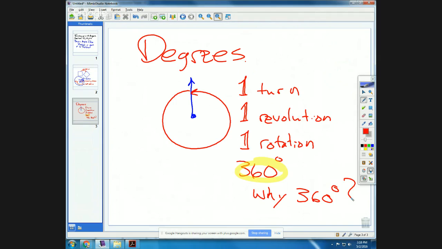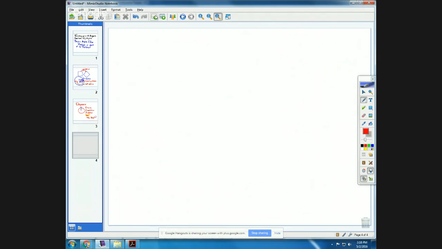There's a lot of divisors, which is nice. Let me just consider the divisors of 360 for a minute. See if we can do a little review of divisors just for fun. All right, we got 1 times 360 would be 1 pair. So we get complementary pairs.